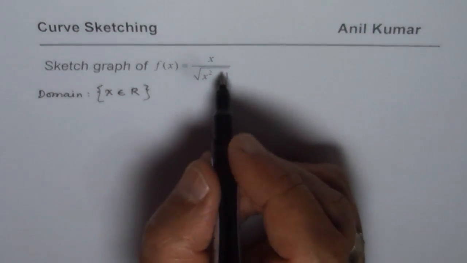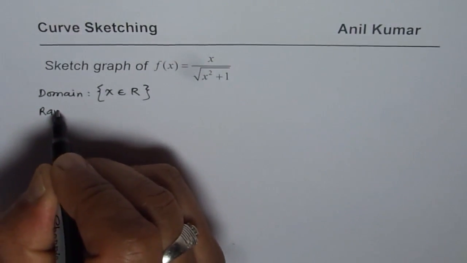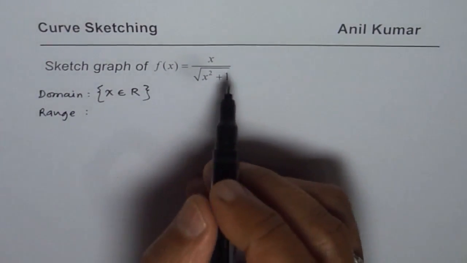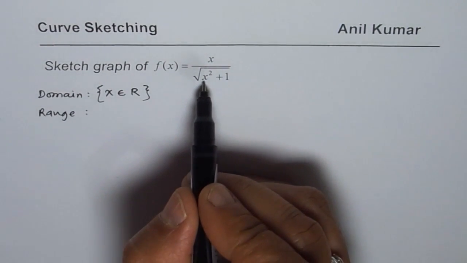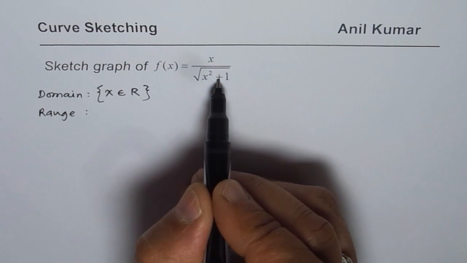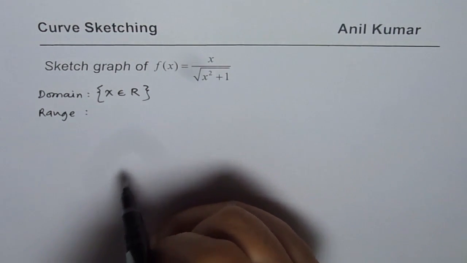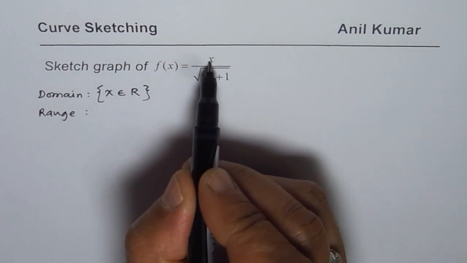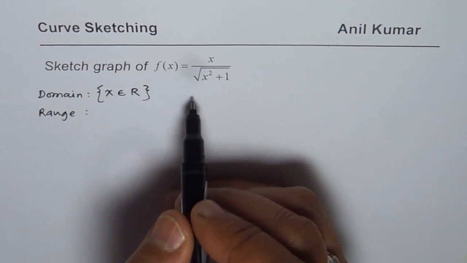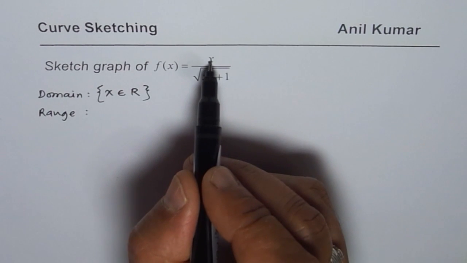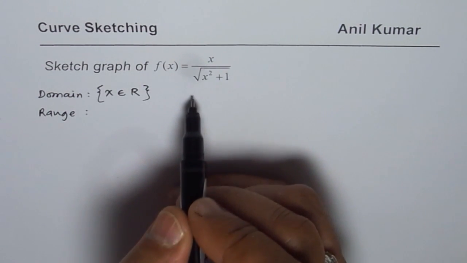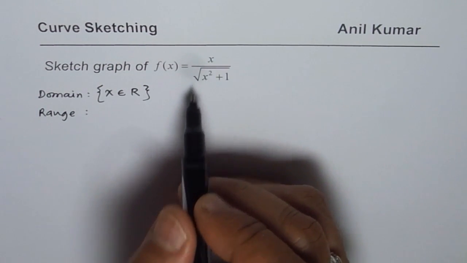Now as far as the range is concerned, what you notice here is that the square root of x squared plus 1 is slightly bigger than the numerator, right? Now the numerator x value could be positive or negative. If it is positive, we are approaching 1. If it is negative, we are approaching minus 1.